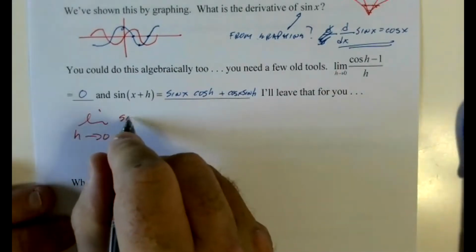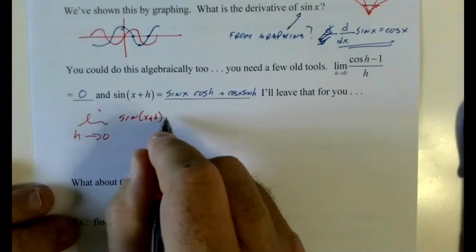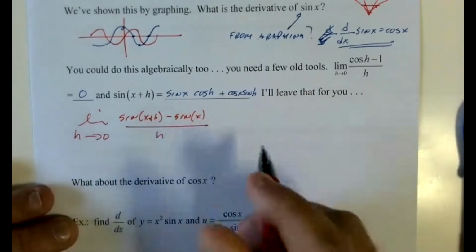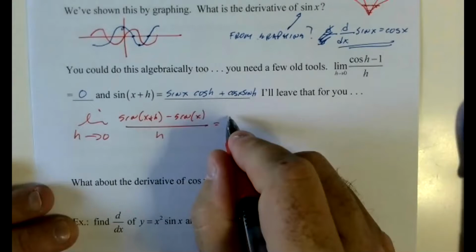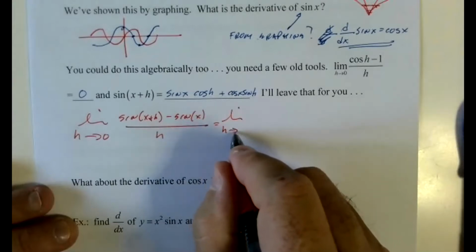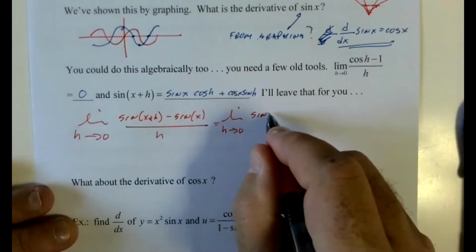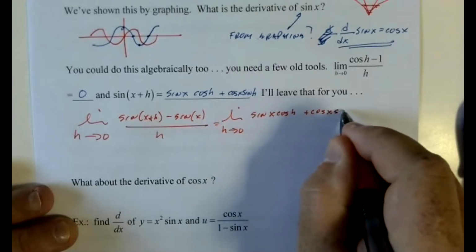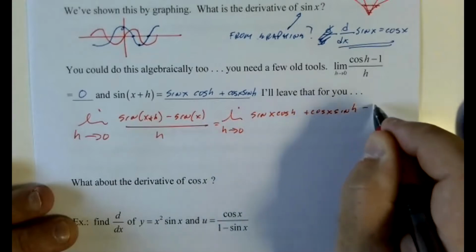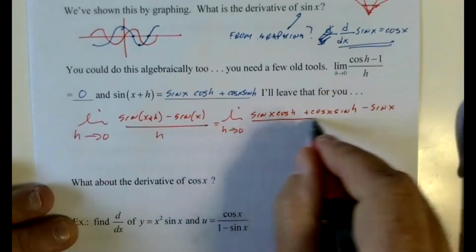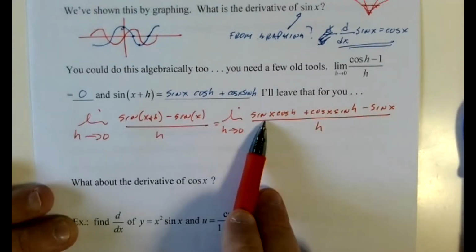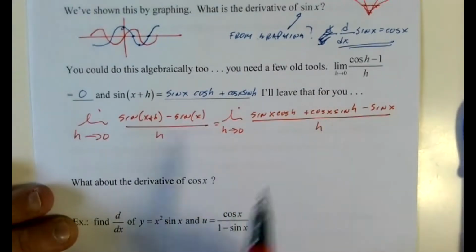So this is sine of x plus h minus sine of x over h, which if we blast this out, we get, and then we can factor out a couple terms and bust out the h separately and leave whatever's left over.